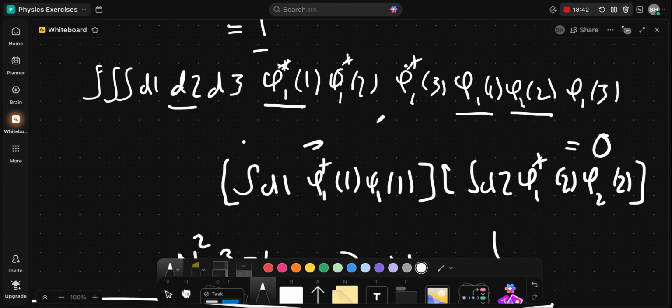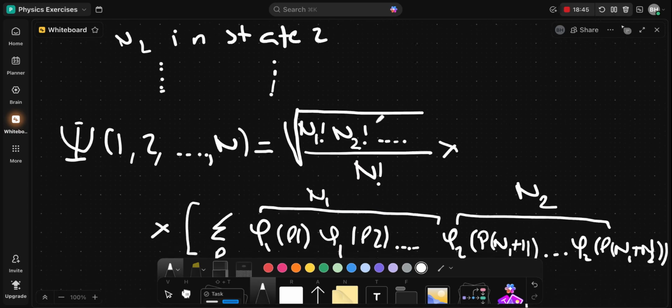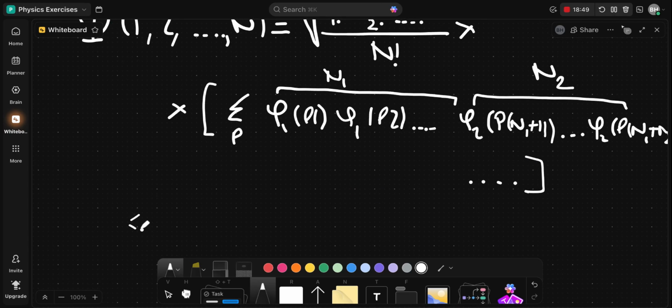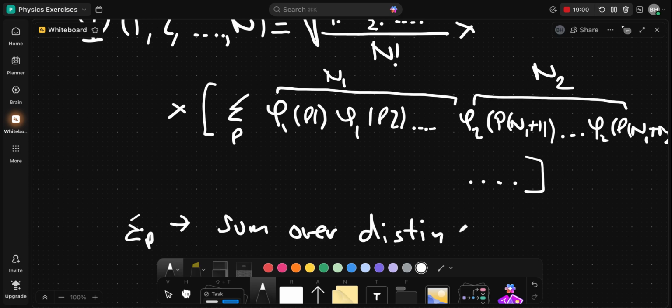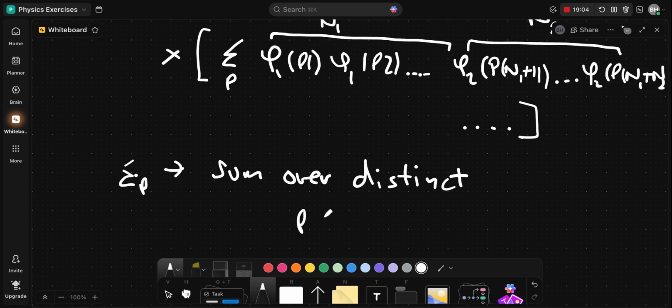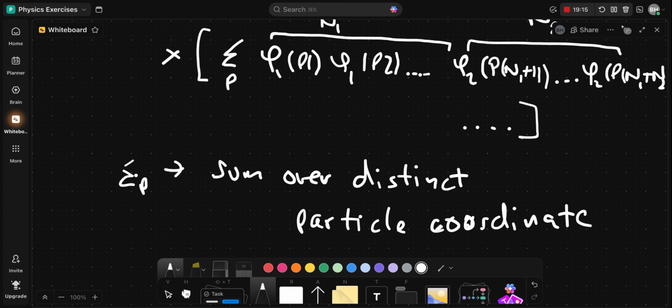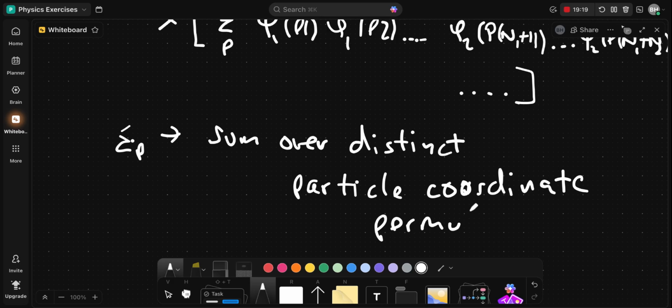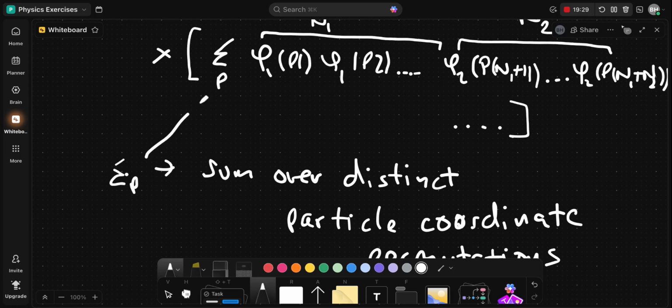But let me first make a note that the sum over p is the sum over distinct particle coordinate permutations. That's what this sum here refers to.